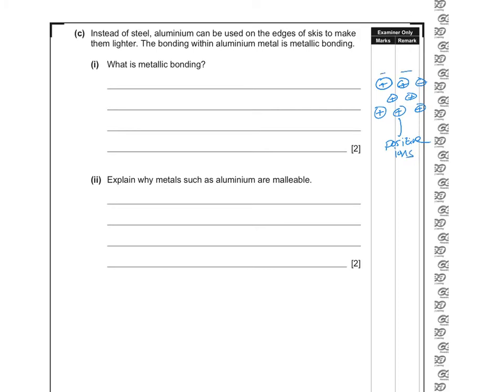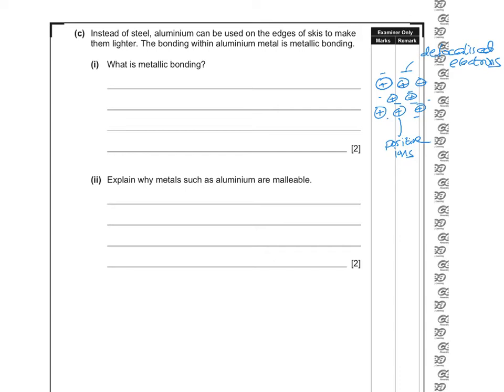And then they're surrounded by delocalized electrons. So just write those in. So that's what a metallic bond looks like.